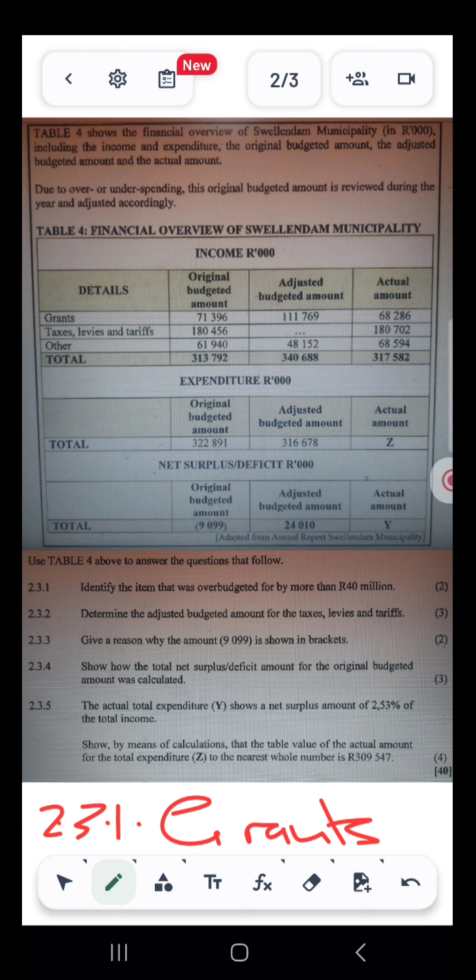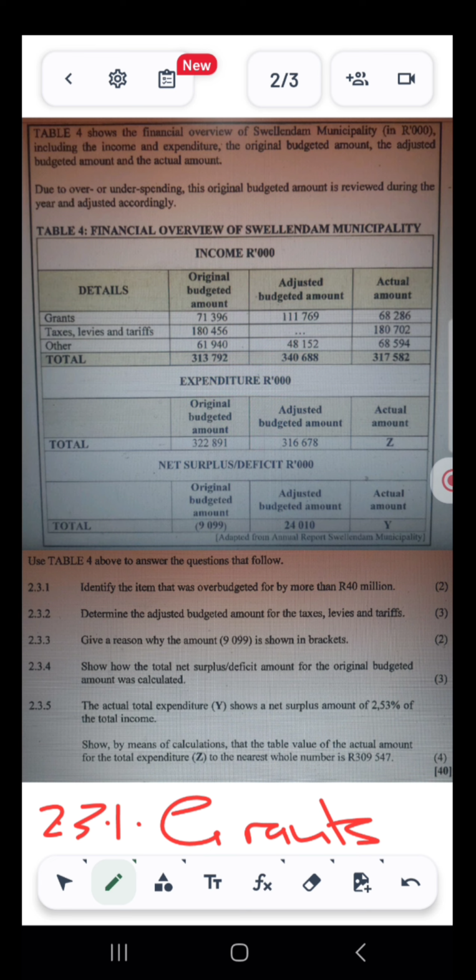So you must read the question very carefully. And then from here we move to 2.3.2. 2.3.2 says determine the adjusted budget amount for the taxes, levies, and tariffs.